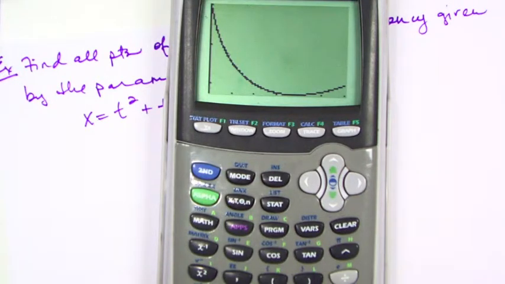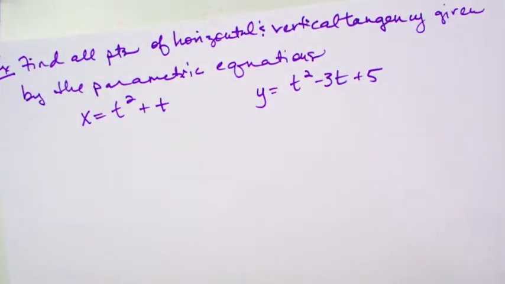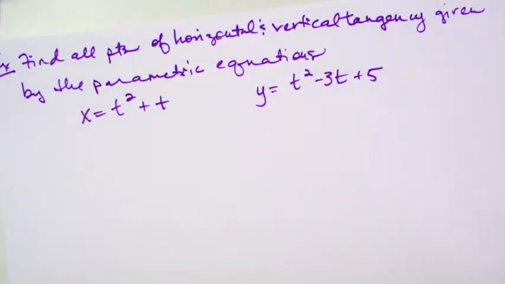What's going to determine if I have a horizontal tangent? Where the derivative is equal to 0, right? That's where I have horizontal tangents. Where do I have vertical tangents? Where the derivative is undefined, or something over 0.